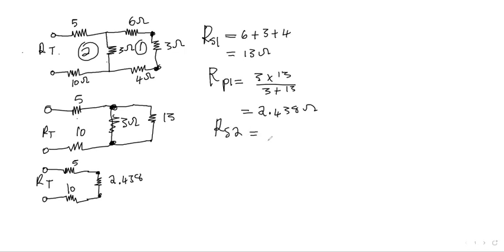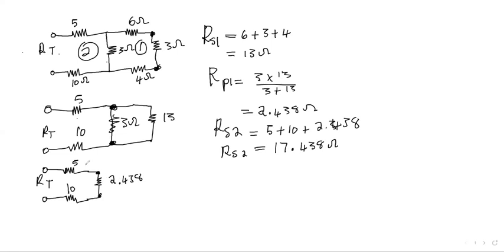RS2 means series resistor number 2. So I will say 5 plus 10 plus 2.438 ohm. So what is the RS2? My RS2 is going to be 17.438 ohm. So that would be my RS2.